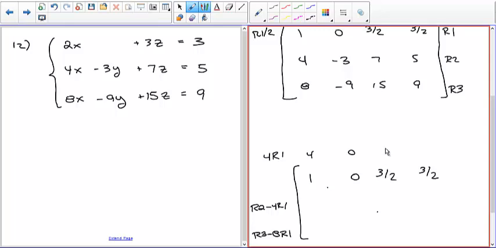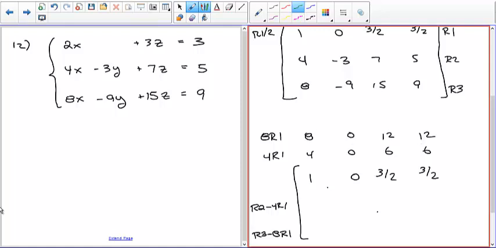So this becomes 6, and this becomes 6. So that's encouraging. And then we also need 8 times row 1. Well, if 4 times row 1 is this, then 8 times row 1 is double that, so it's going to be 8, 0, 12, 12.